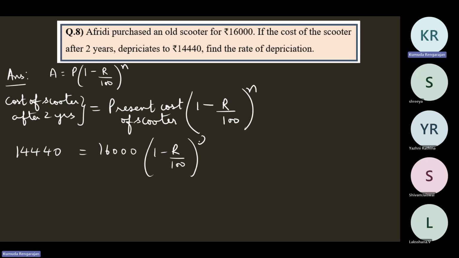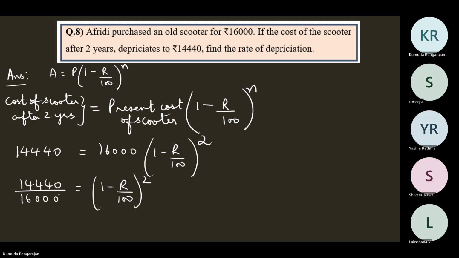After 2 years, so N is 2. Please simplify this, children, and tell me.